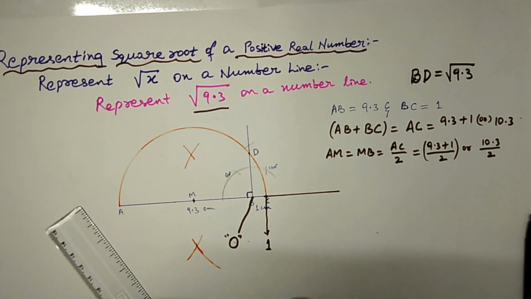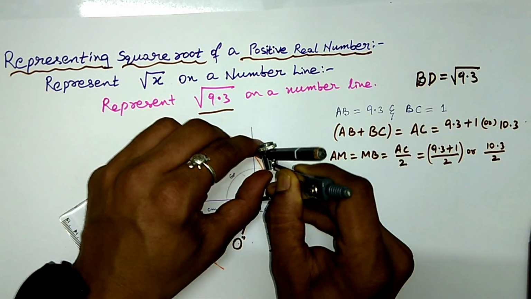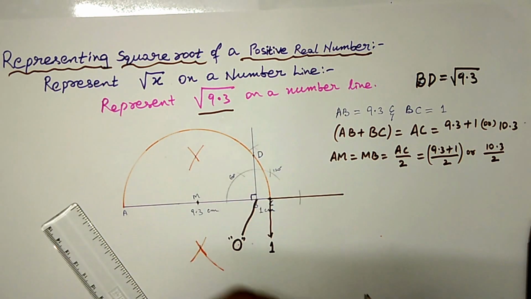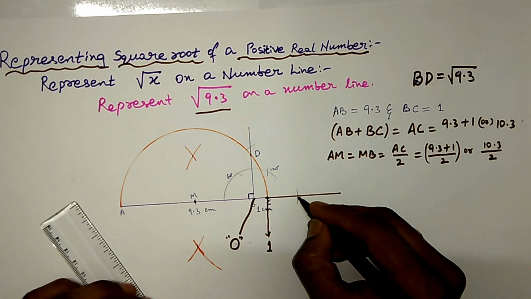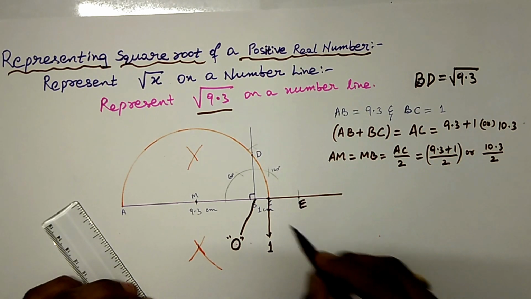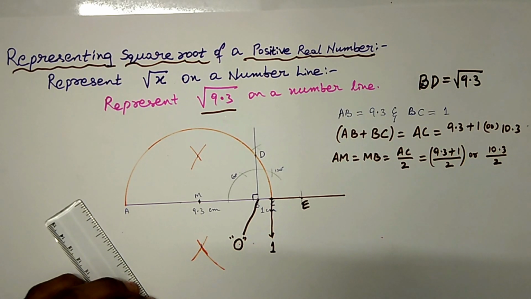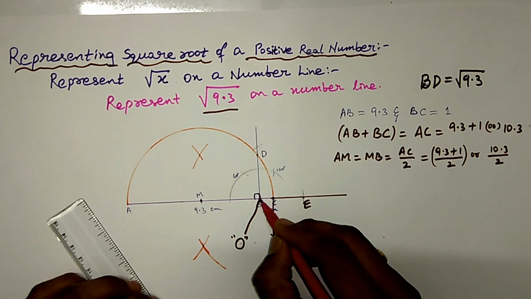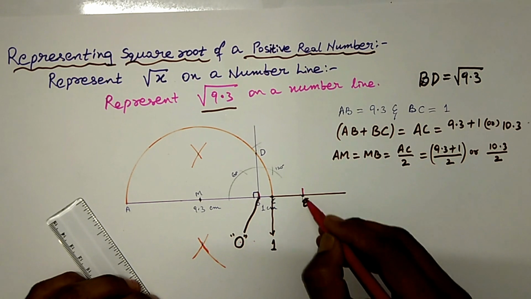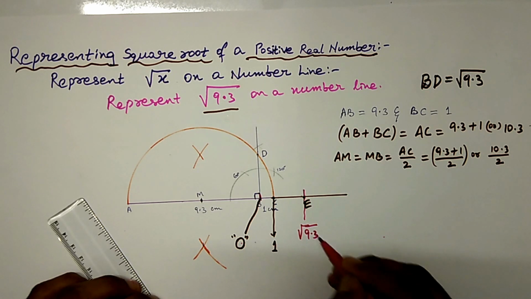With the help of BD length, using a pair of compasses, I can mark a point E, where the distance from B to E is root 9.3, and this E represents root 9.3.